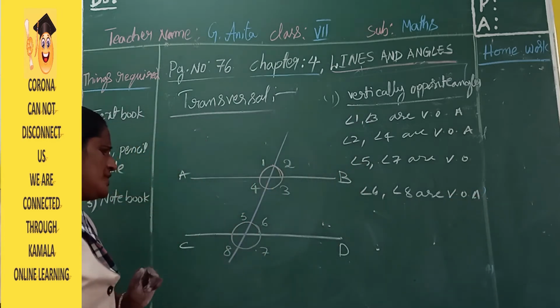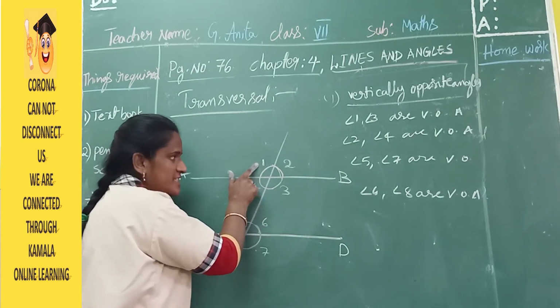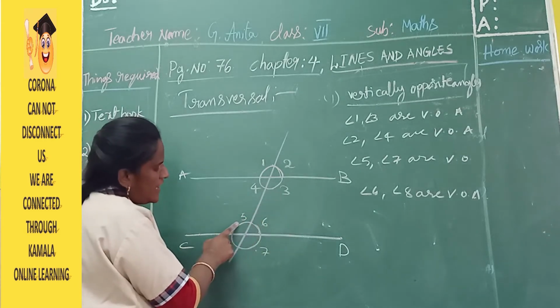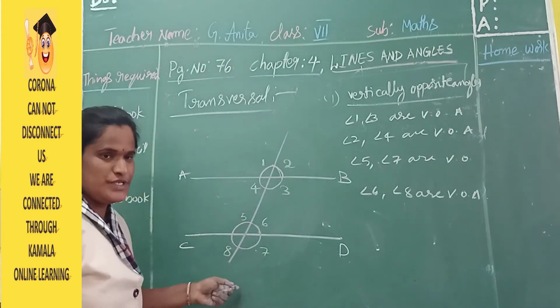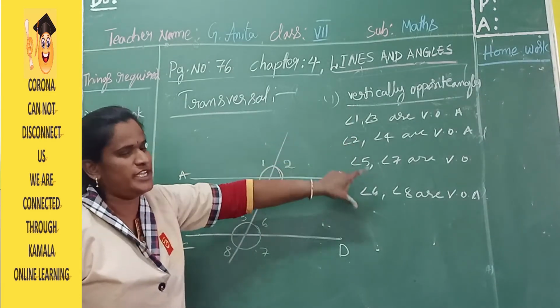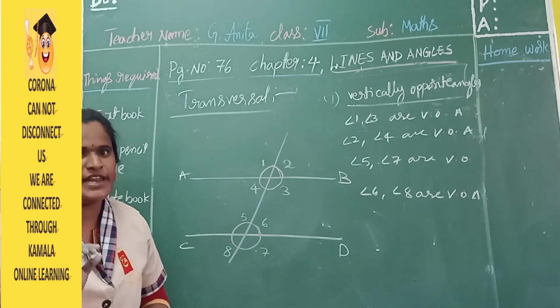Next, you can observe angle 1 is equal to angle 3. Definitely, angle 3 is equal to angle 5, angle 5 is equal to angle 7. Like that you have to assume. So got it, students? Clear, everyone?